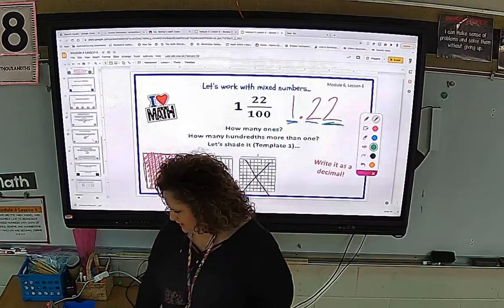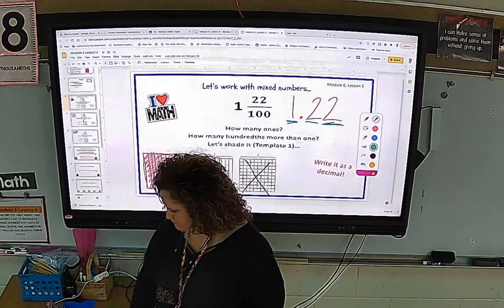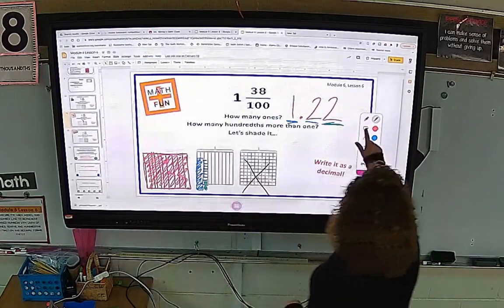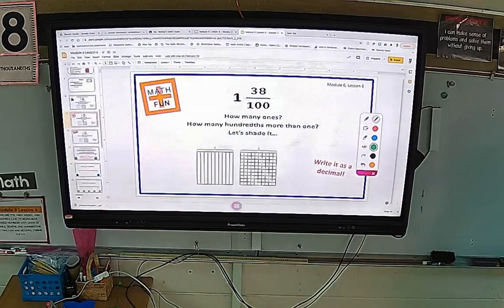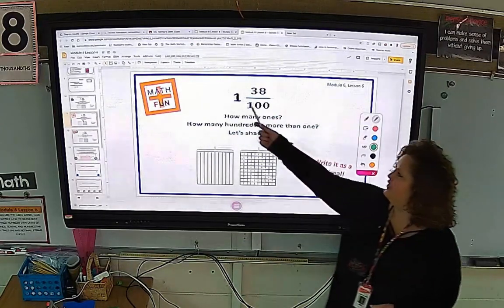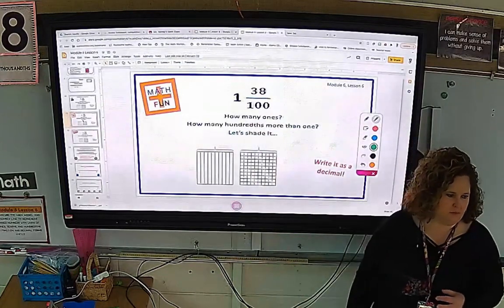Let's try this again. Go ahead and clear that off. But before you start shading in, I want you to write that number as a decimal. We have 1 and 38 hundredths. How do we write that as a decimal?